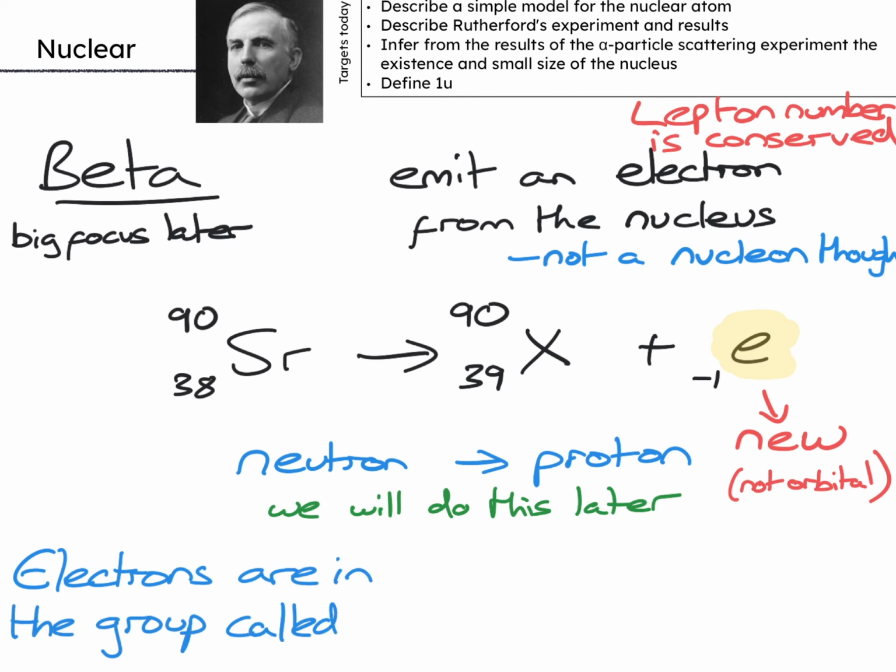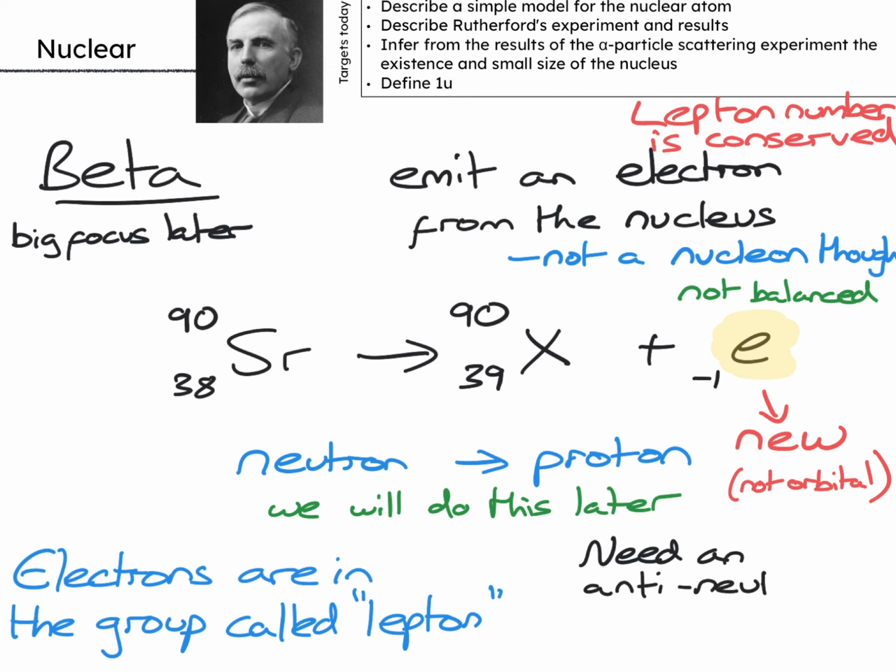So we need to balance the equation somehow. And we're going to do that by introducing antiparticles, specifically an antineutrino. Neutrinos and antineutrinos are leptons as well, and you can think of them as basically being like an electron with zero charge.